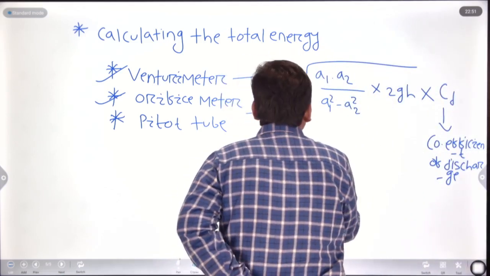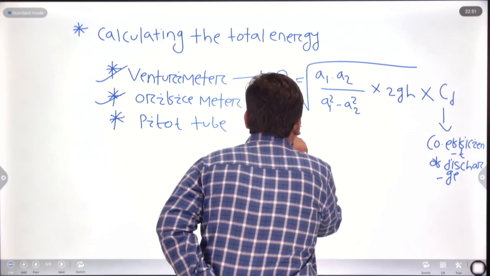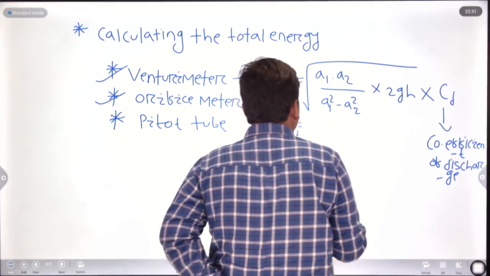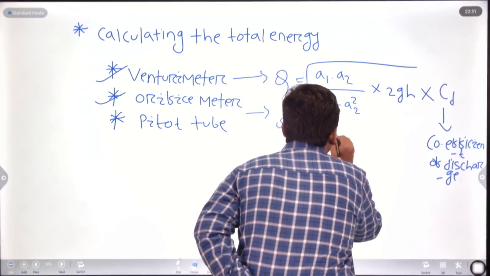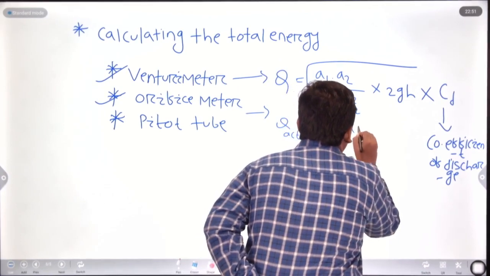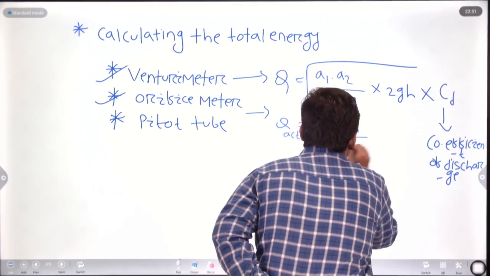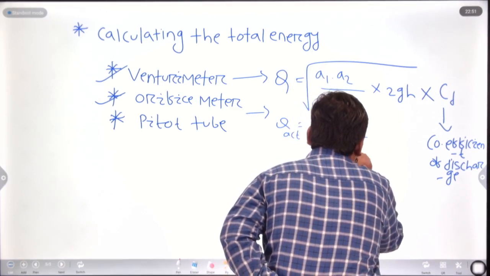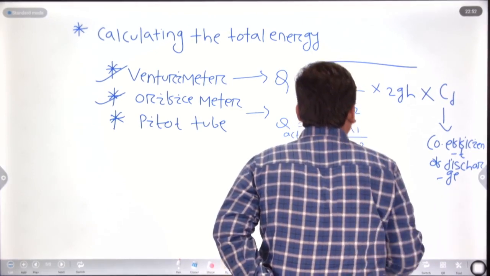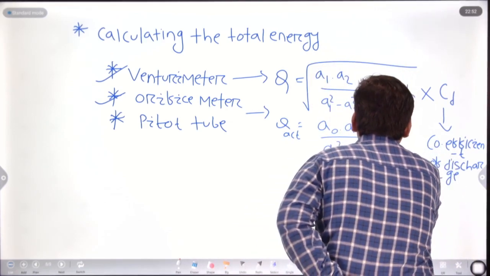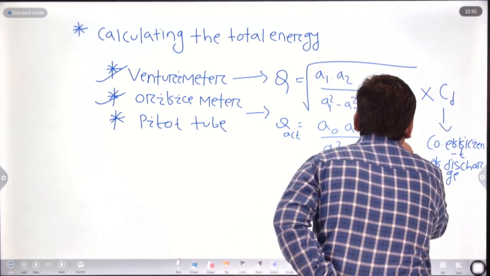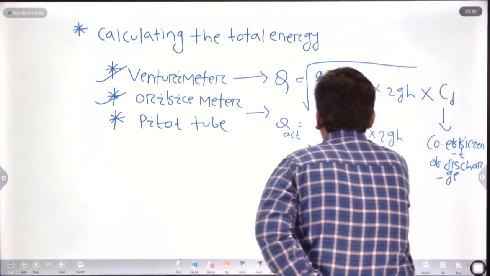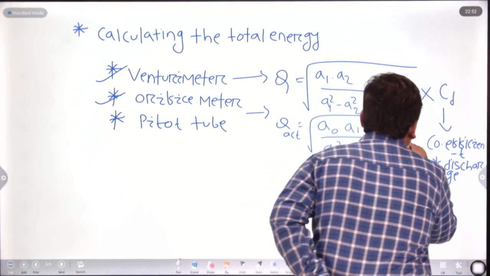For orifice meter, Q actual is equal to A0 into A1 divided by the square root of A1 squared minus A0 squared, into the square root of 2gh, into CD.